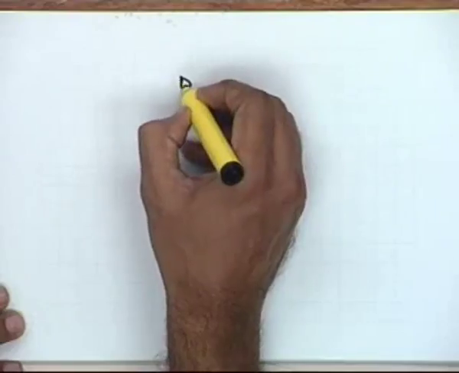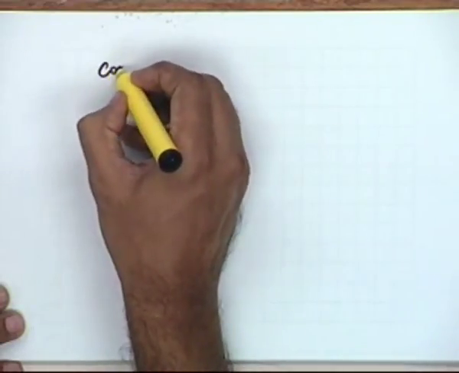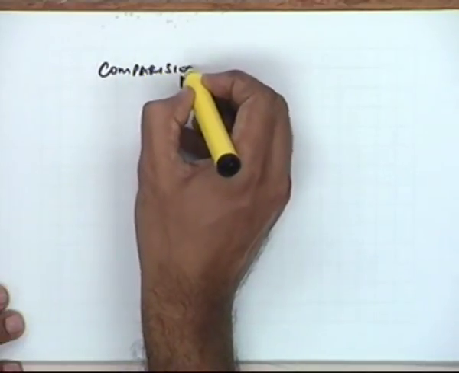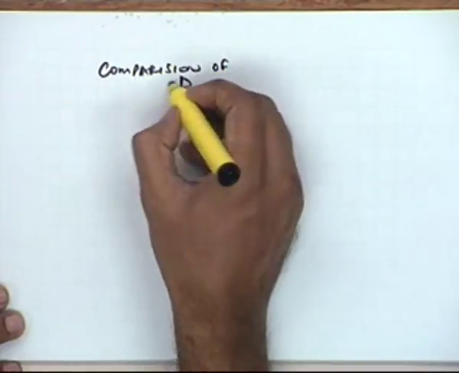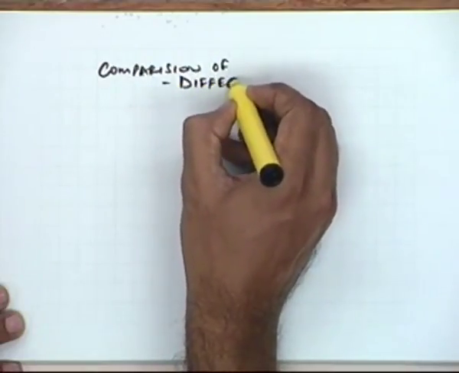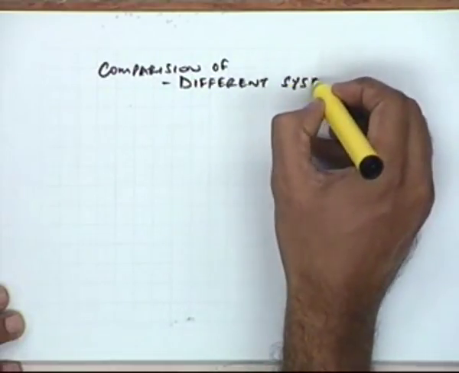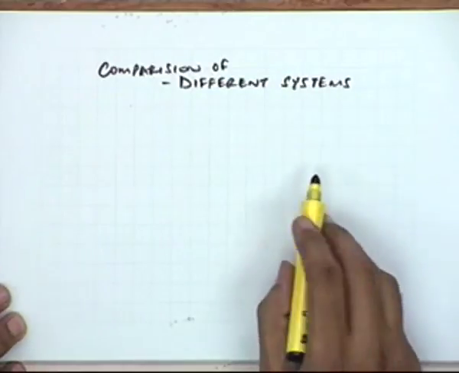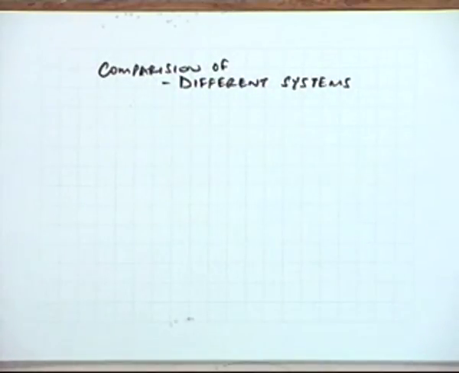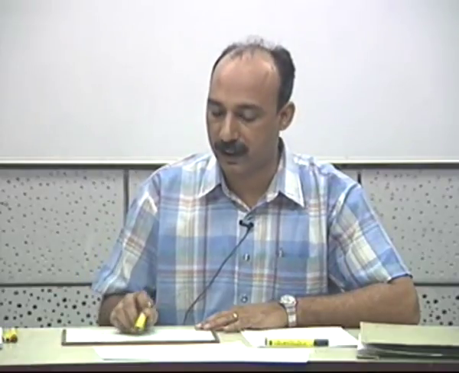So, basically you are using the efficiencies for comparison of different systems. If you want to check whether one method is better than the other in terms of some efficiencies, you can use those efficiencies for the comparison of the effectiveness of various systems.